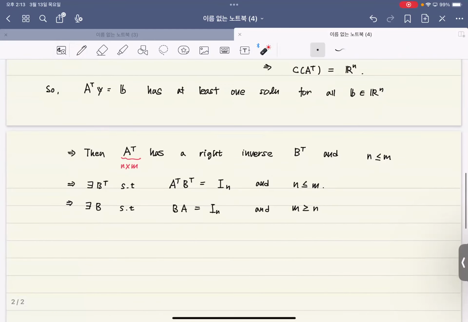All right, so what do you know from this theorem? What do you know from statements 1 and 2? Let us just forget about the proof.